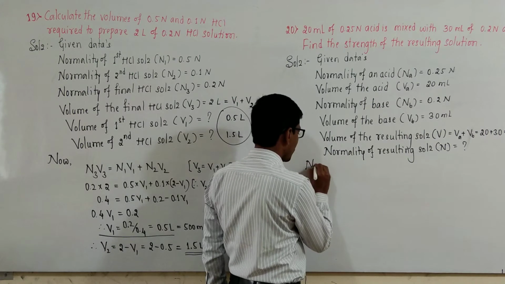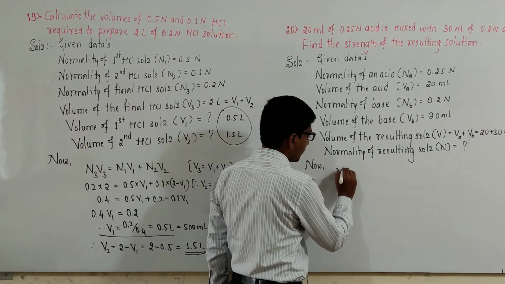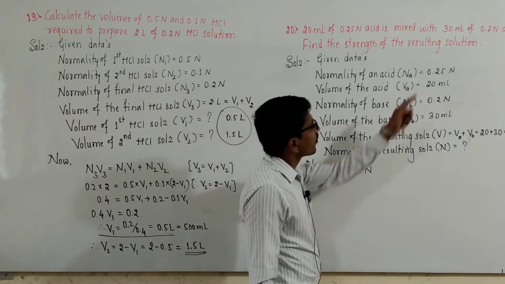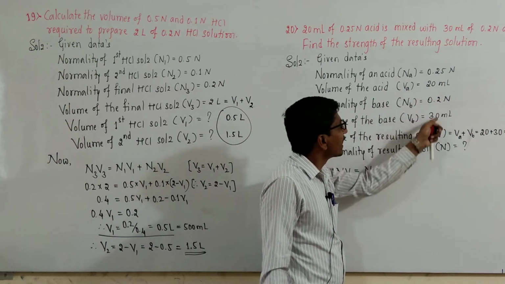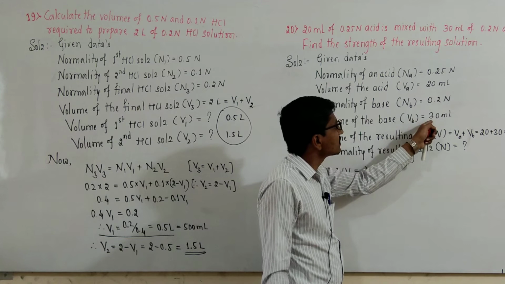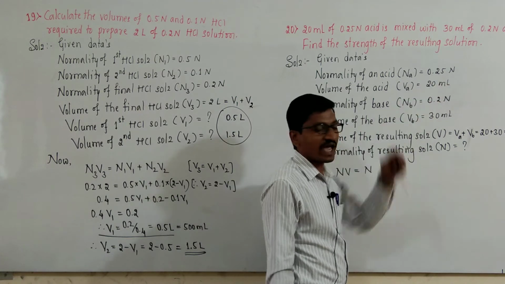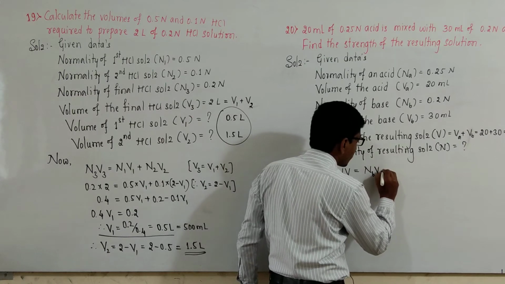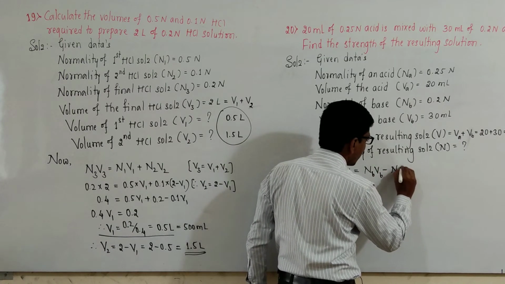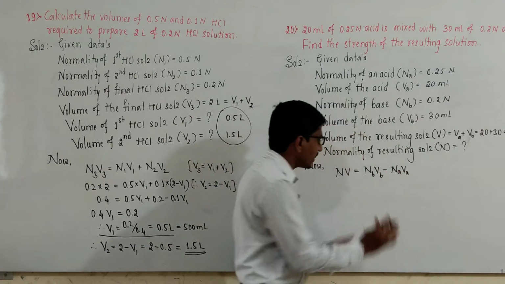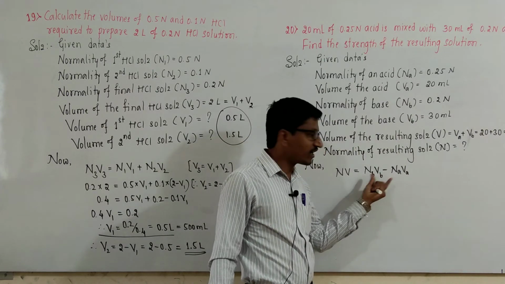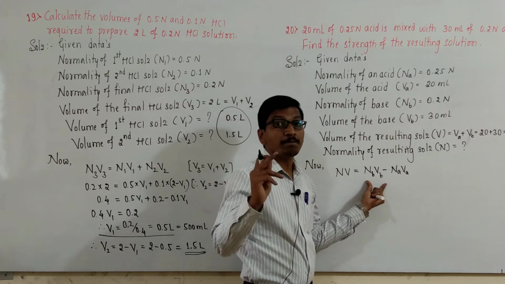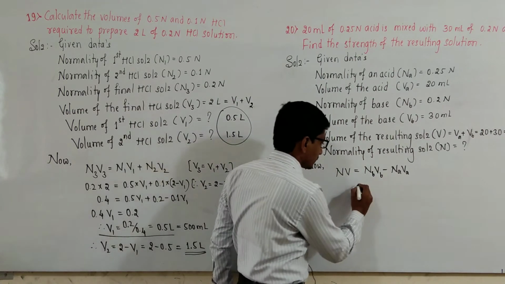Now, from the relation NV, the product of these two: this product is 6 and this product is 5, and we consider NbVb minus NaVa, because here the NbVb product is greater than NaVa and the resulting solution becomes basic or alkaline in nature.